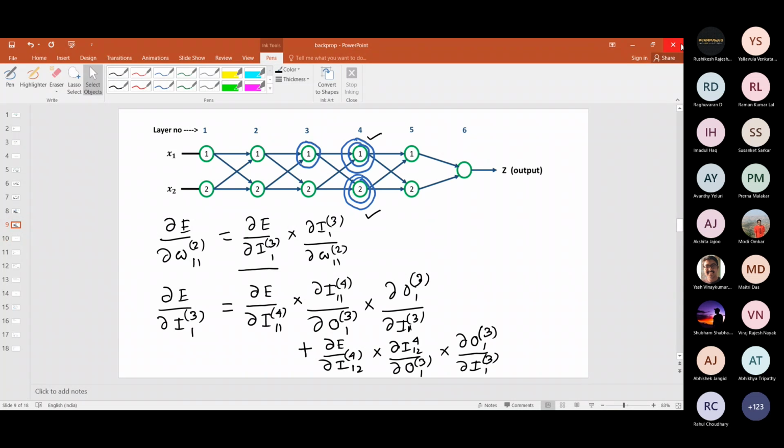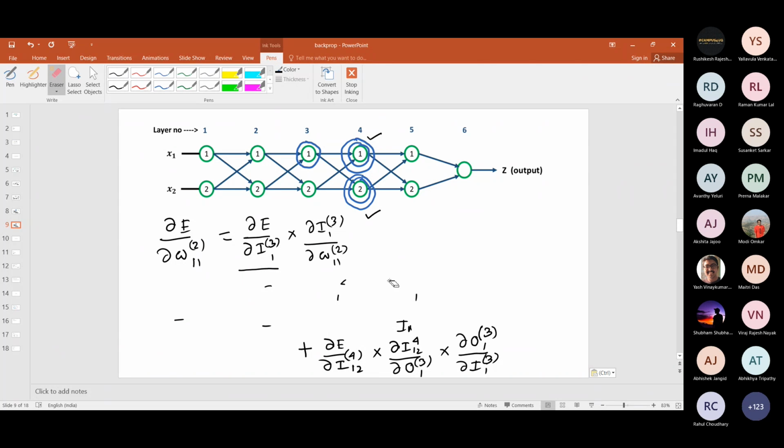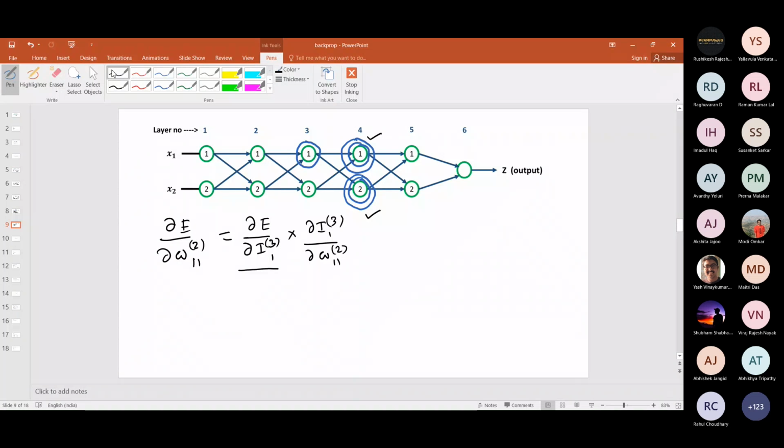So if I manipulate the whole thing, what happens here is this: I am erasing this whole thing and writing it in a compact form. Now, how can I write it down in this way?